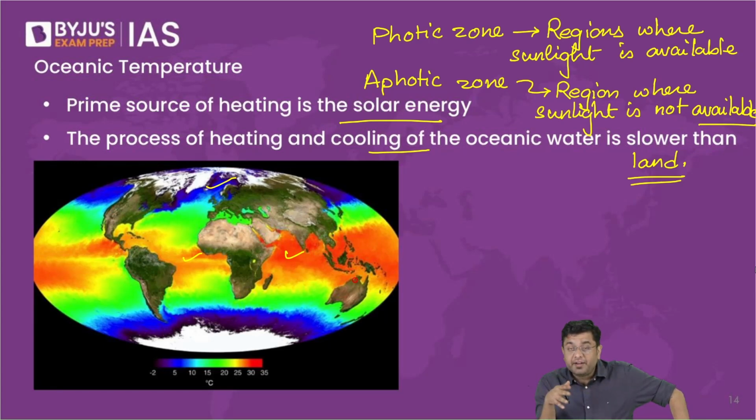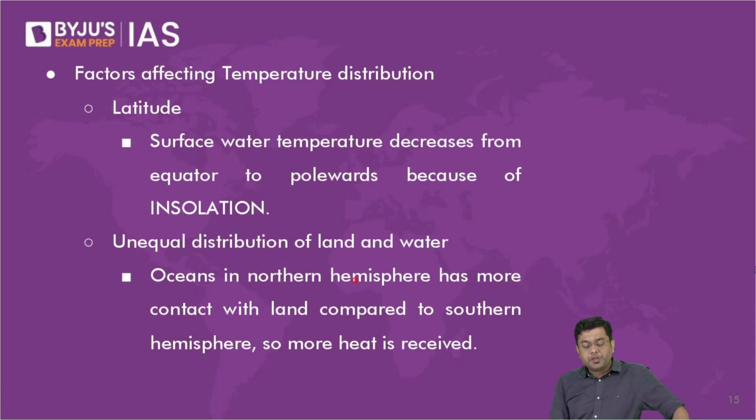First of all, we will take a look at the horizontal distribution. Remember, in climatology also we had taken a look at the factors which influence the horizontal distribution of temperature from one region to another, where we had looked at factors such as altitude, the amount of solar insolation, inclination of the planet Earth on its axis, the role of ocean currents, the prevailing winds, distance from the sea.